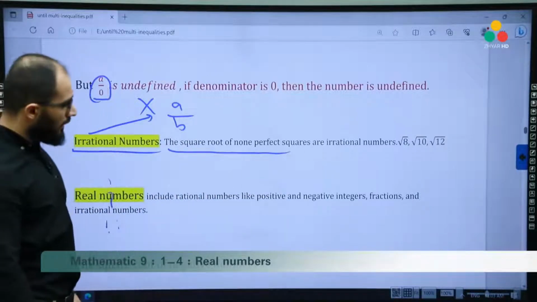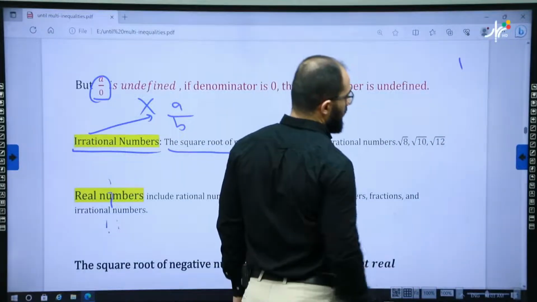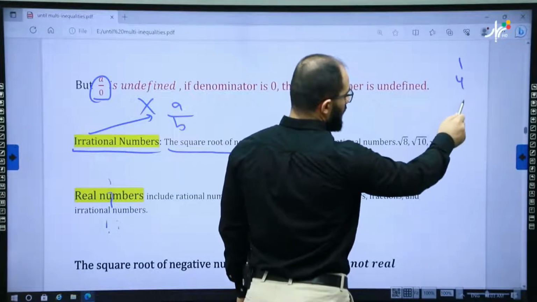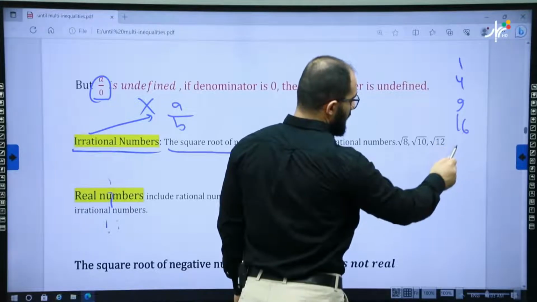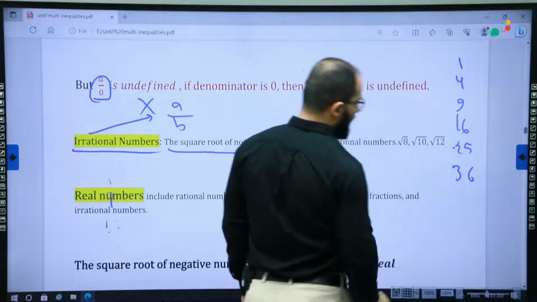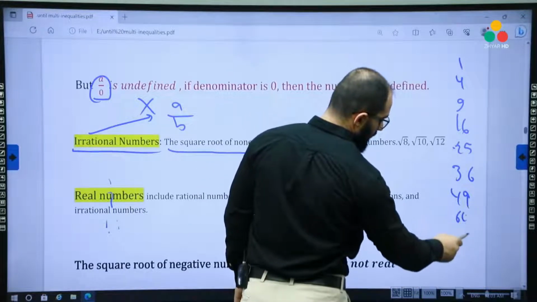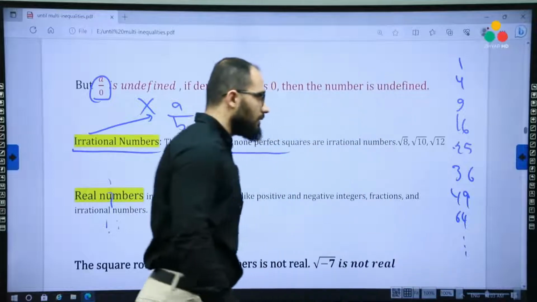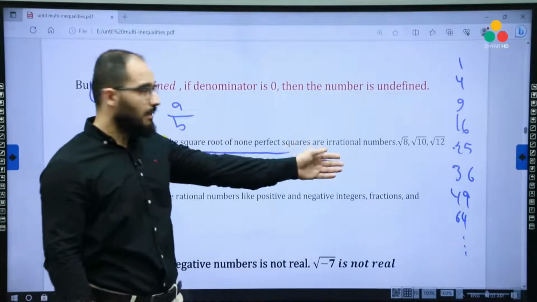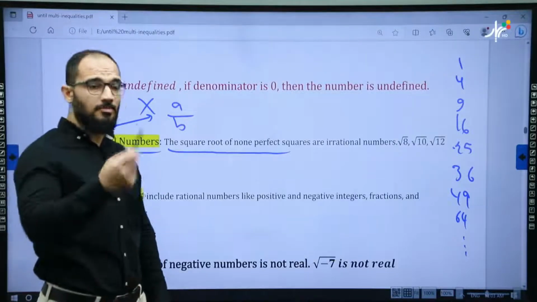What does it mean? If you remember, we said that we have perfect squares like 1, 4, 9, 16, 25, 36, 49, 64, and so on. They are perfect squares. For irrational, it says the square root of a non-perfect square.